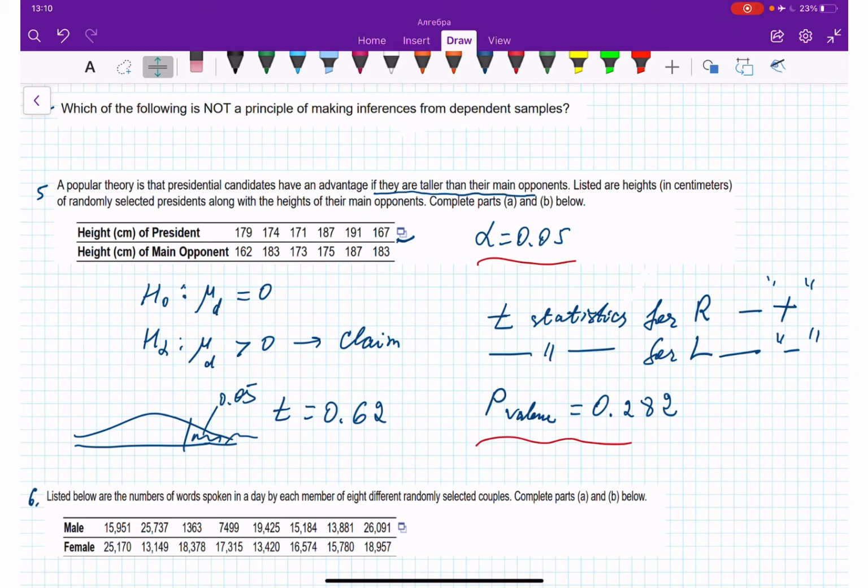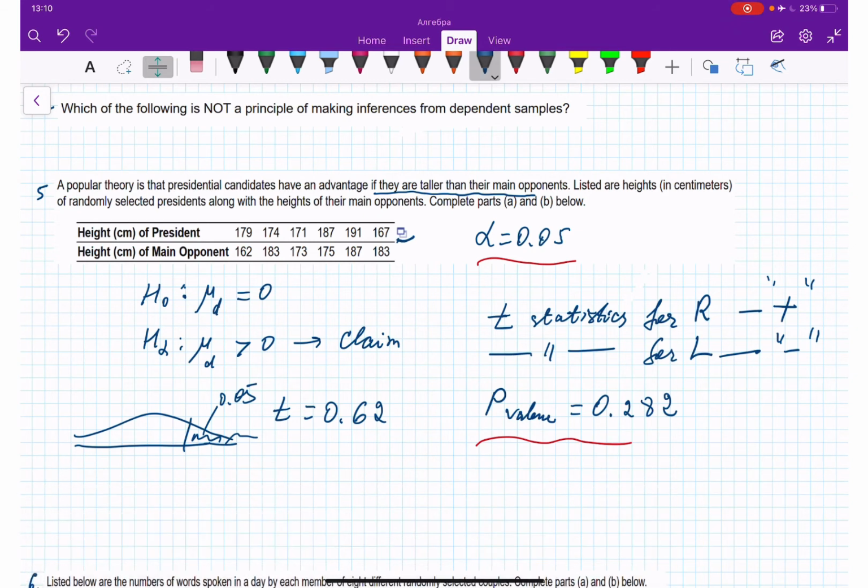I would like at least to write down the formula so you would know it. The test statistic is equal to d bar, which is the average, minus mu, divided by the standard deviation over the square root of n.